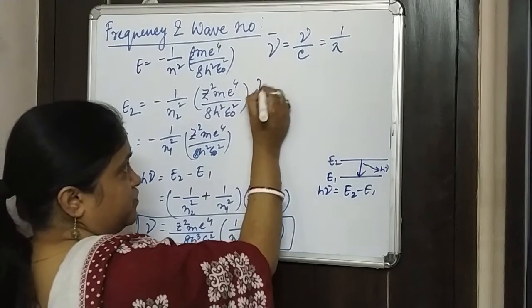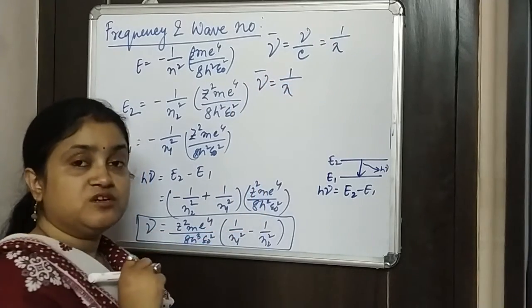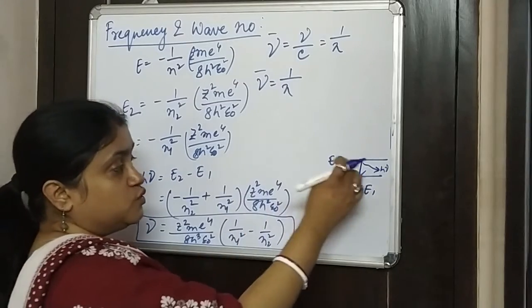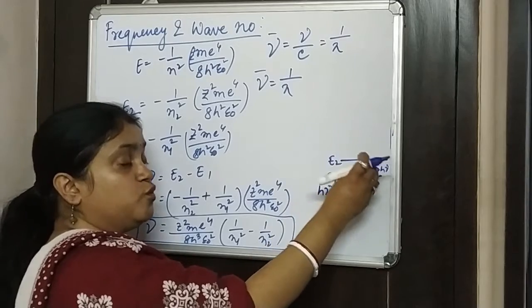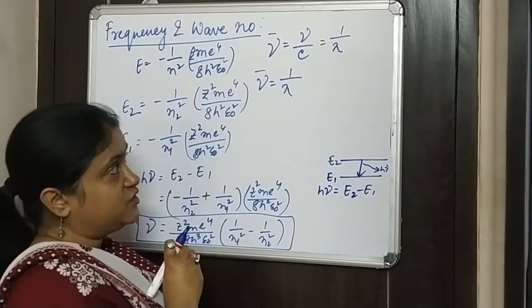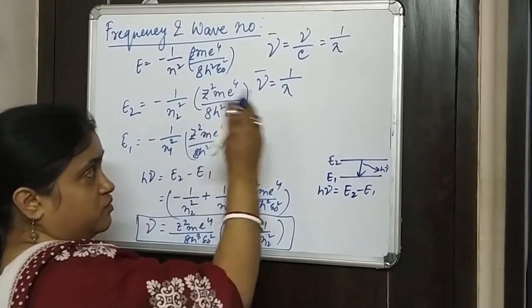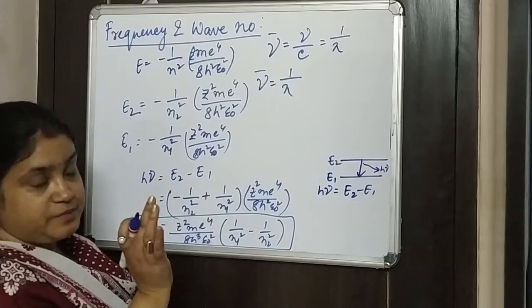So when we calculate the wave number, we are actually calculating the reciprocal of the wavelength. So from this we are trying to understand what will be the wavelength of the released energy. To do that, we just need to take this frequency and divide by c.